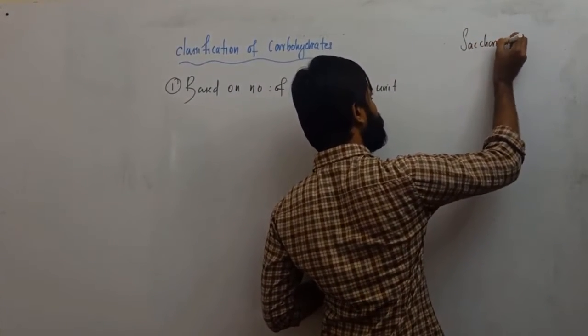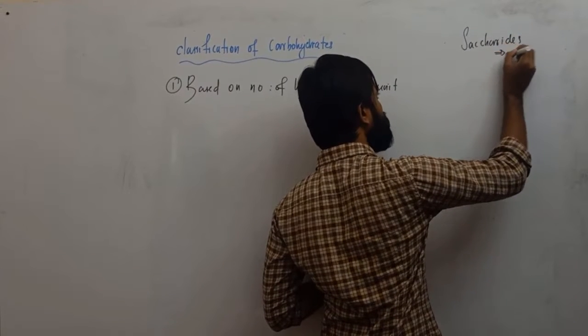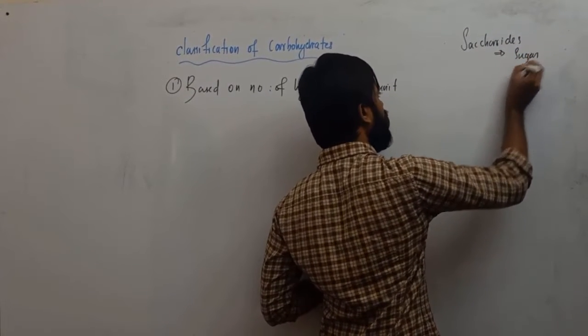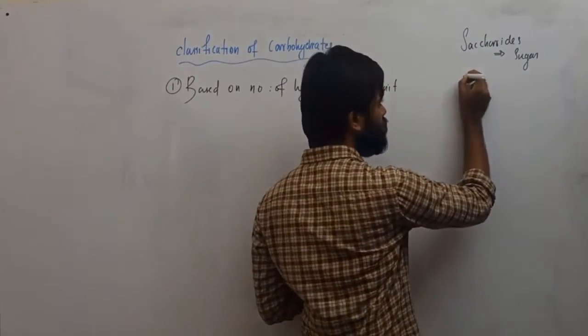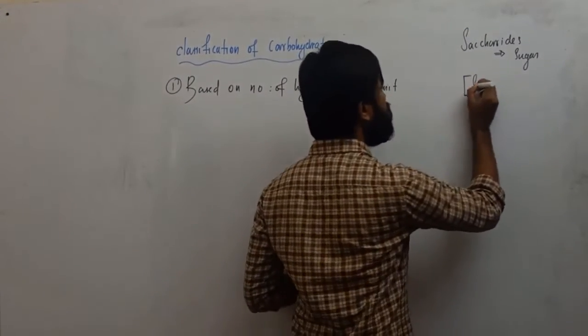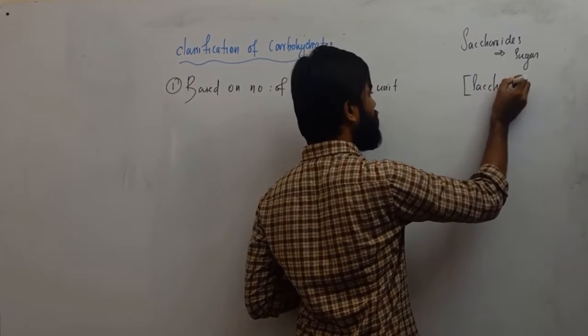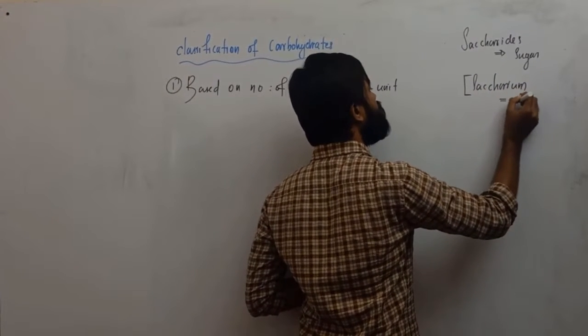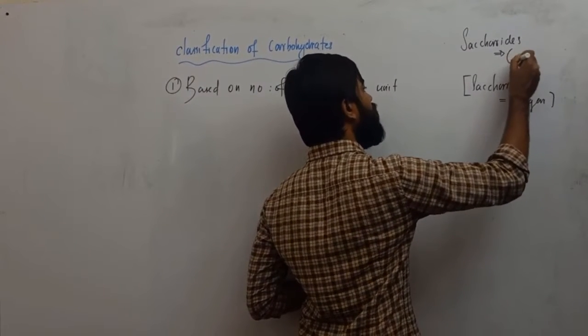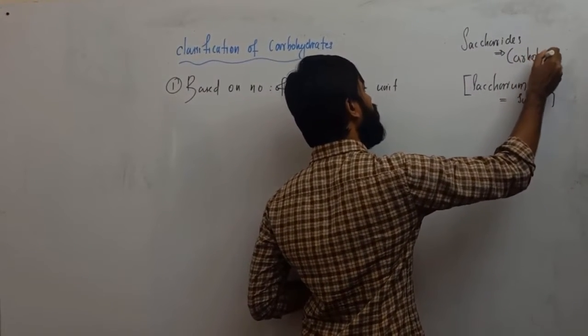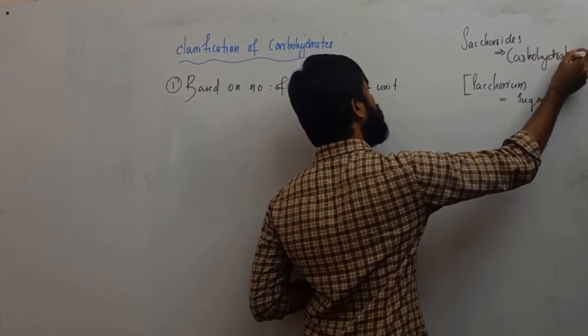Saccharides means sugar. Carbohydrates have a sweet taste, so they are said to be sugars. Saccharum is a Greek word meaning sugar, so carbohydrates are also known as saccharides.